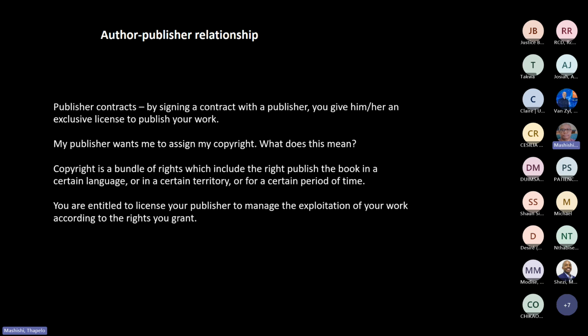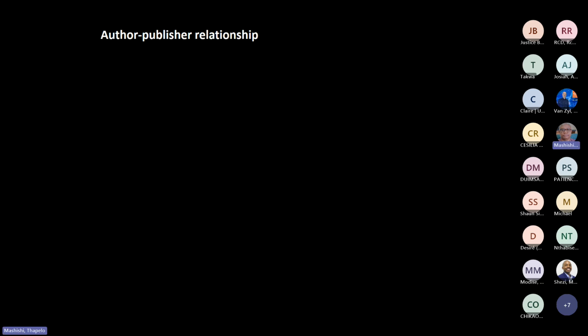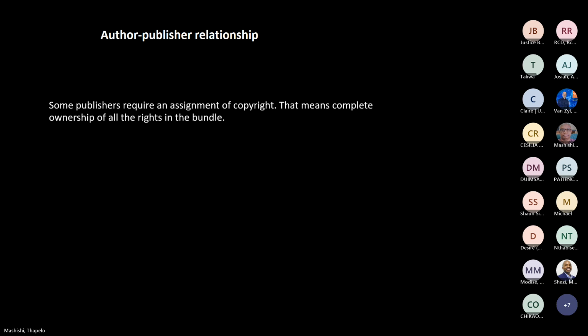And this can differ from publisher to publisher. So whenever you sign a copyright license with the publisher, make sure you are very clear about what rights you're signing. Are you signing all of them, or do you still have certain rights pertaining to your work? Because most of the time authors are surprised that they have very little control once they've signed a contract with the publisher, so that they cannot even reuse and share their own work.